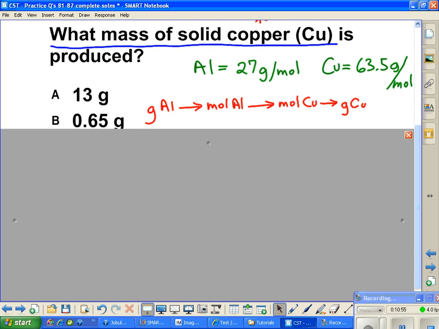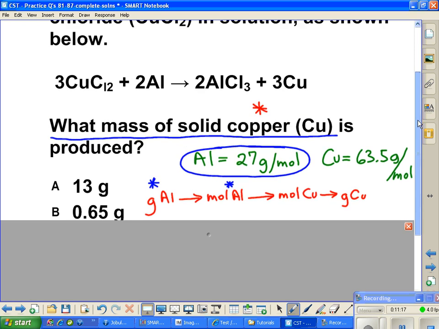So we just come on down now, and what are we being asked to do? Well, we are going to be given the grams of aluminum, and we're going to change that to moles of aluminum using this molar mass right here. And we're going to change the moles of aluminum to the moles of copper using the balanced equation mole ratios.